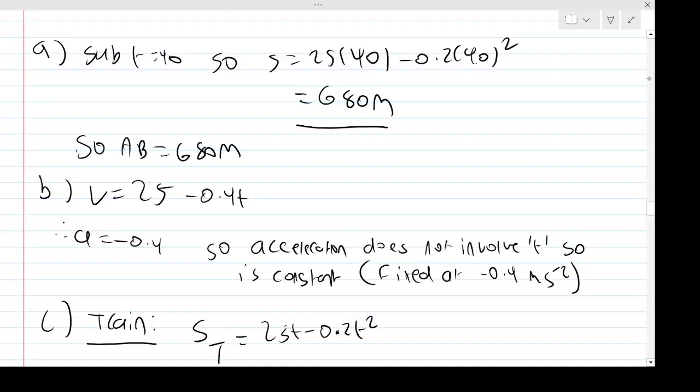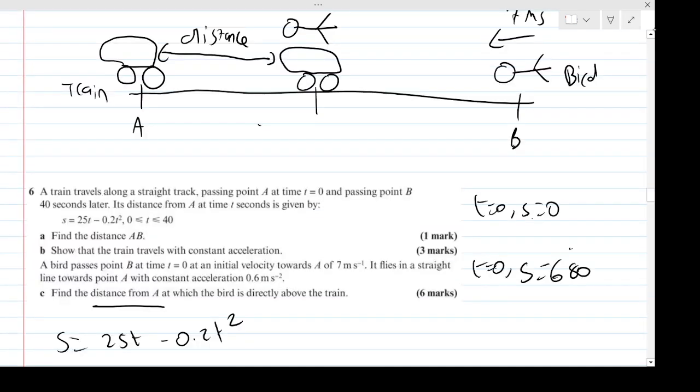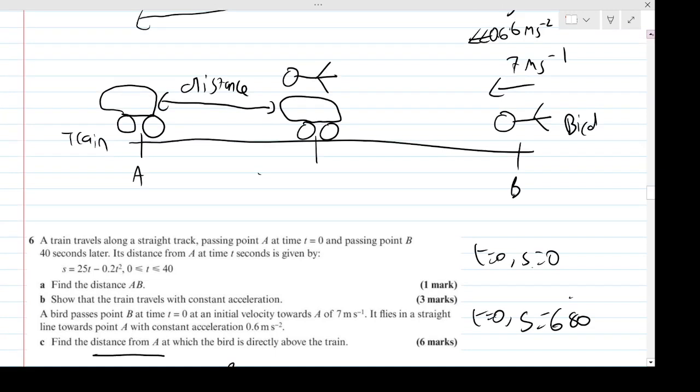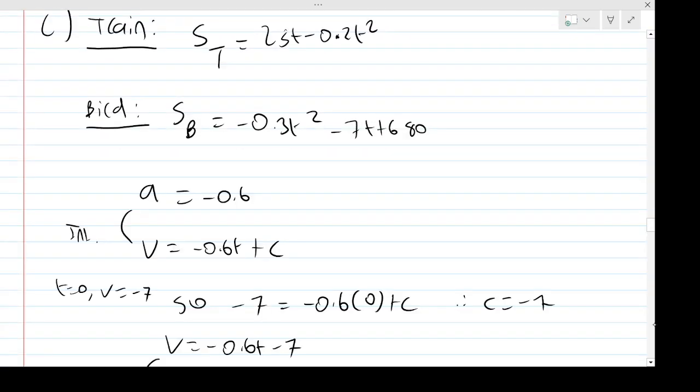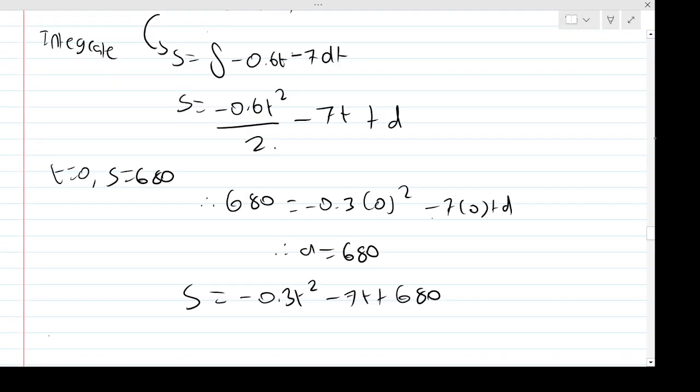So then, as we discussed, if we want to find the distance until the point where the bird and the train overlap, or essentially they meet, they're at the same point, right? Well, if they're at the same point, then their displacements have to be equal, right? So that means when the train and bird meet, their displacements are equal.